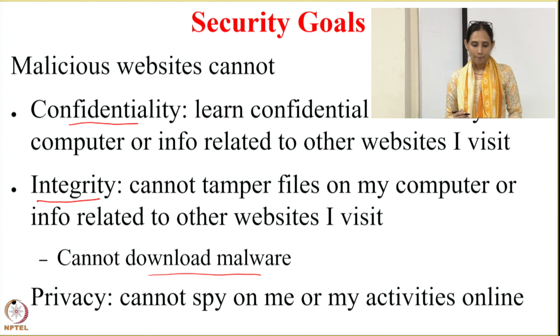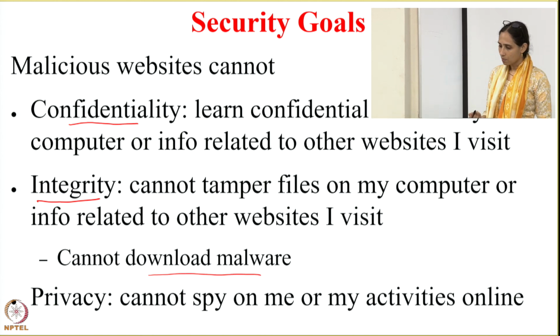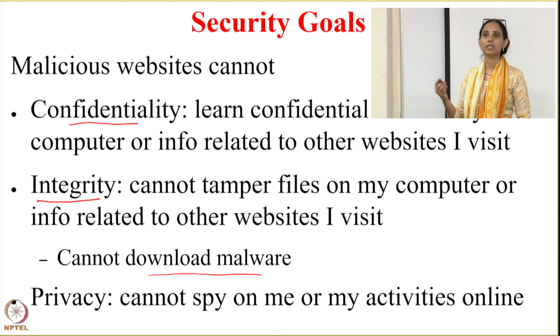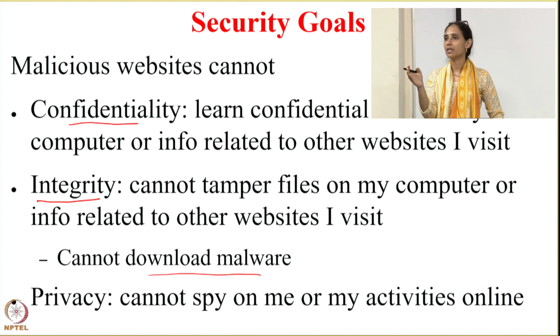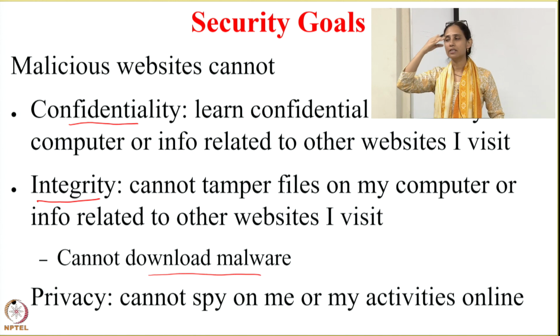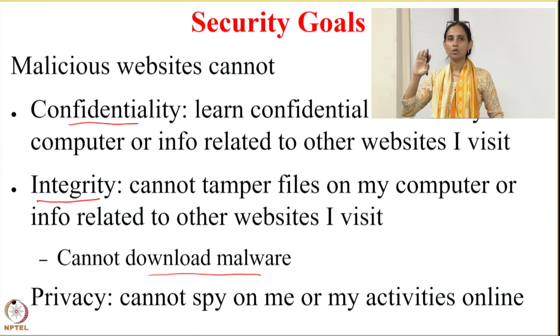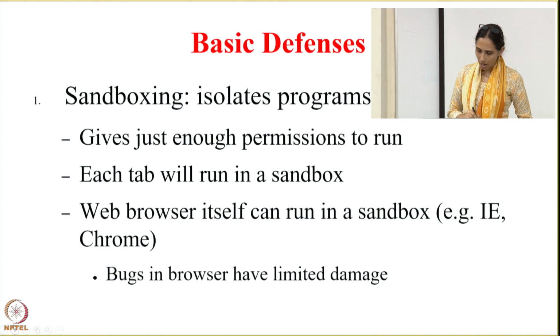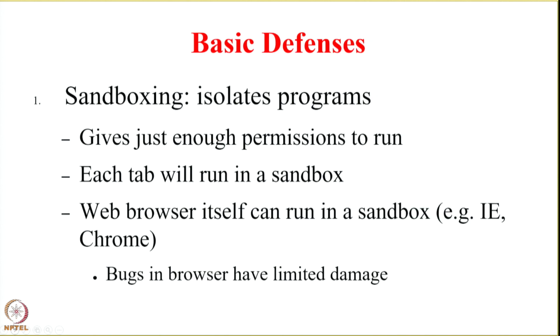Privacy is another goal that comes specifically in the context of web: you cannot spy on me or my activities online. In other words, I visited this website, after this I visited some other website, and then after it I visited some other website. Someone shouldn't know that this is my browsing pattern. This is also not allowed. So these are some of the security goals with respect to web security.